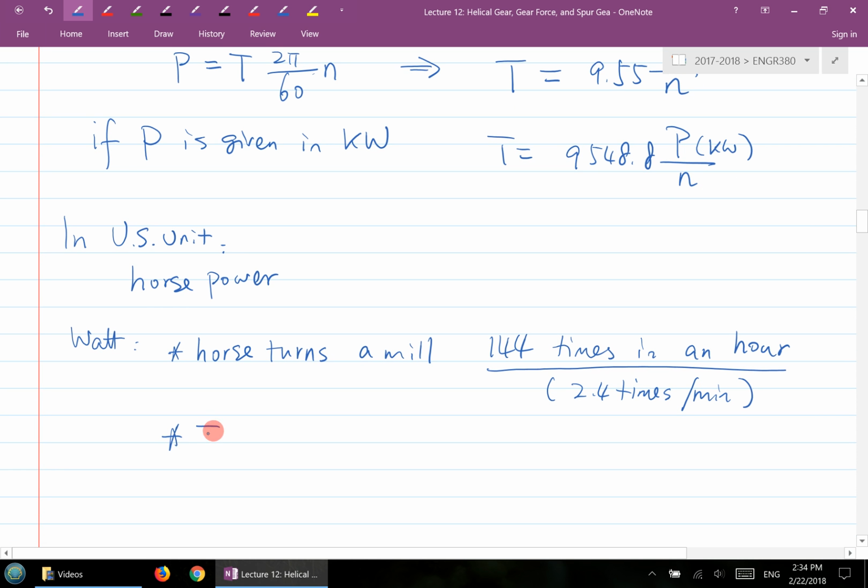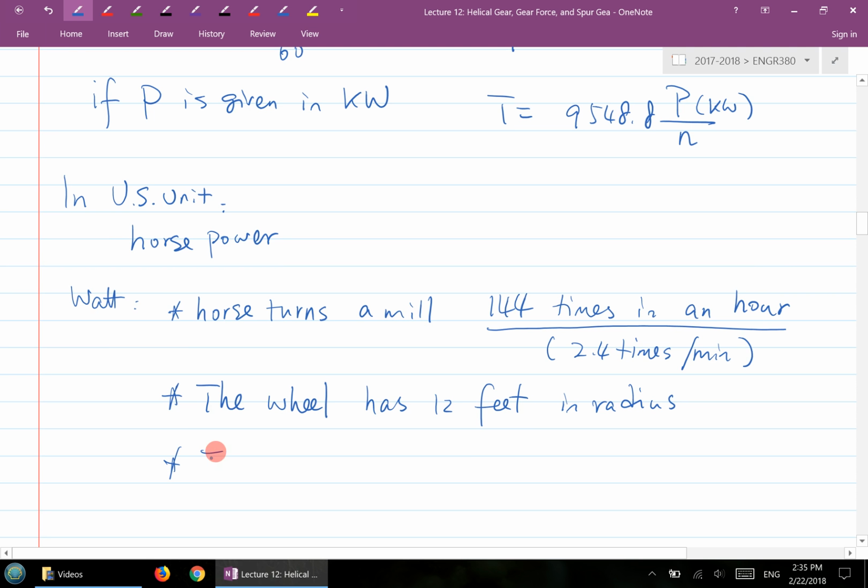In the standard mill, there is a wheel, and the wheel has a radius of 12 feet, and the horse is assumed to travel around it. So now you have a standard size for the wheel, and you have the speed.